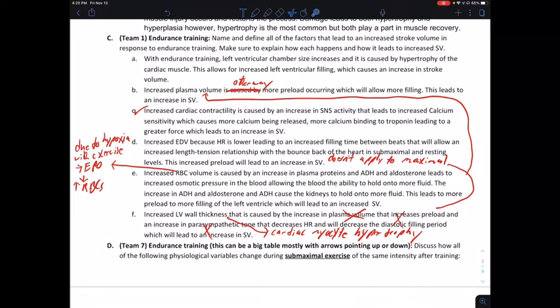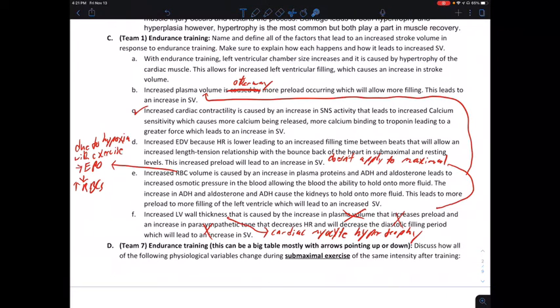Okay, and then the causes of that increase in plasma volume, this group had down here in E. So make sure you look at those, and those aren't the causes of increase. Red blood cell volume increase is caused by this over here, hypoxia, lack of oxygen. That stimulates erythropoietin release, and then that stimulates red blood cell production.